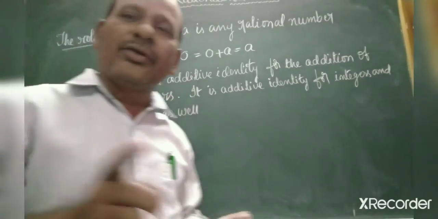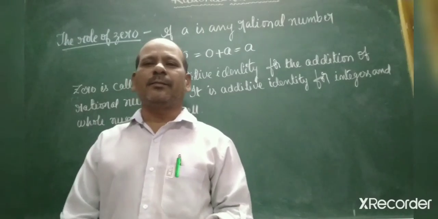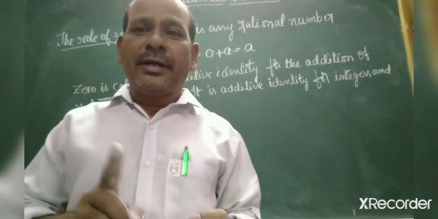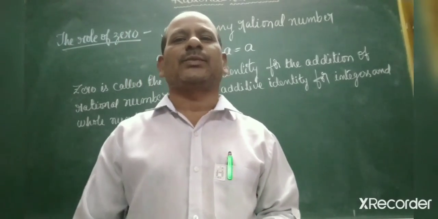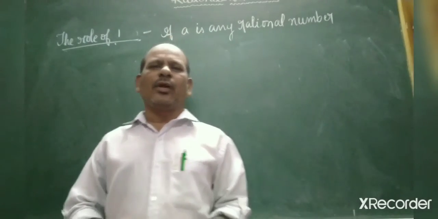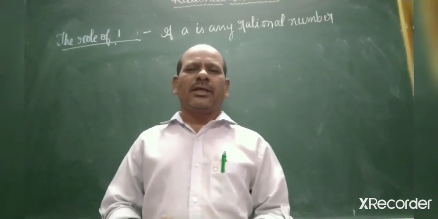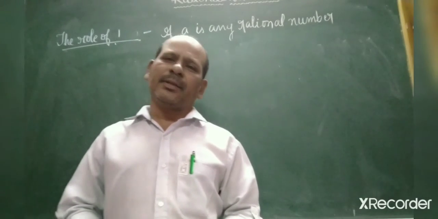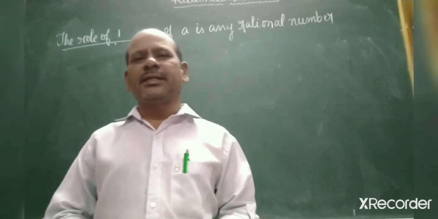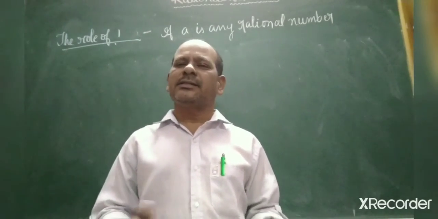It is not only the additive identity of rational numbers, it is also the additive identity of natural numbers and whole numbers. The role of 1 in rational numbers. If you multiply any rational number by 1, the result is the same number.